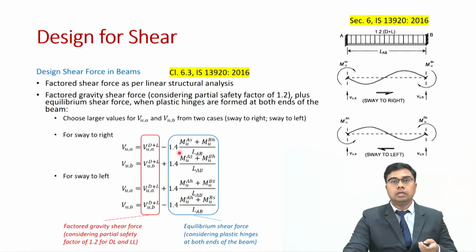Since we do not want shear failure to happen, we shall be increasing the design shear force itself. That is why this factor of 1.4 is present. These expressions are also available in code IS 13920. You can have a look over there.